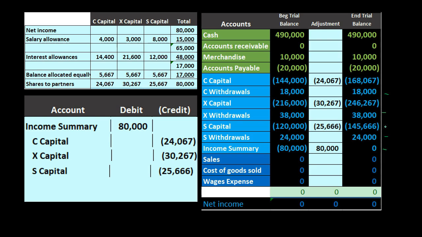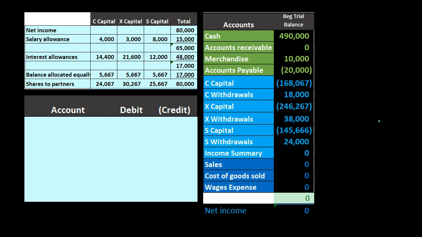They could pull out a different number because the withdrawals have nothing to do with the income allocation. So just note that these ending capital account numbers will not necessarily be in accordance with any type of profit sharing percentages.